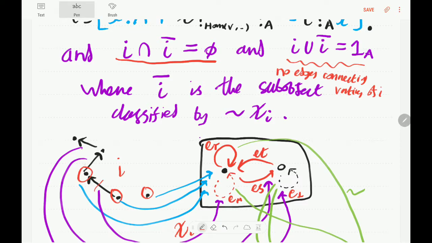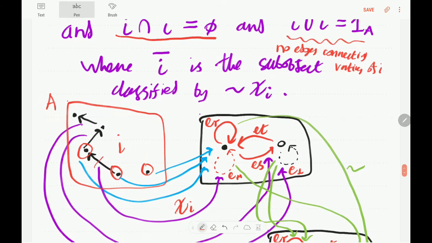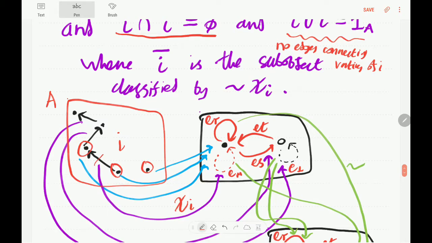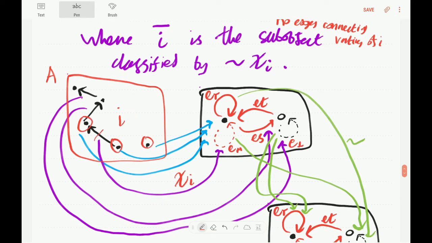Well, if there's an edge between them in the actual graph, like here, say, then it's going to go wrong because this edge is clearly not present in this subobject I. But see what happens when we do not on this is that this edge here is one of these absent edges.